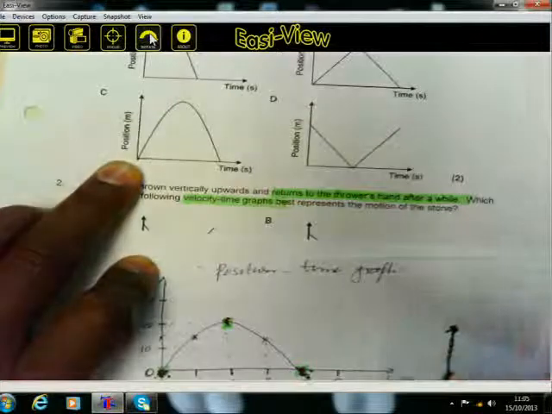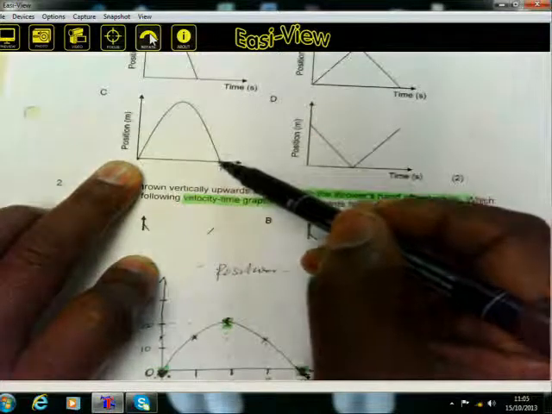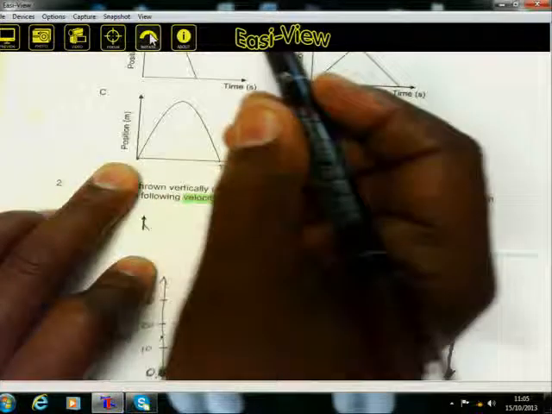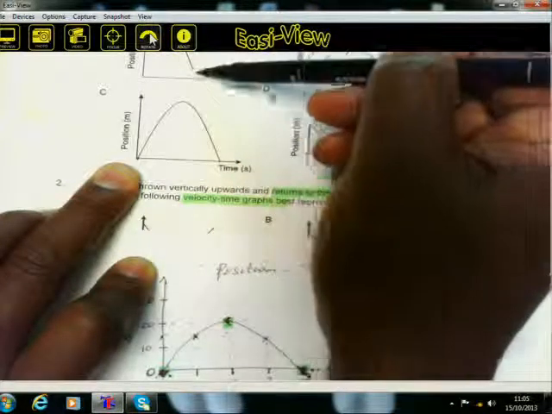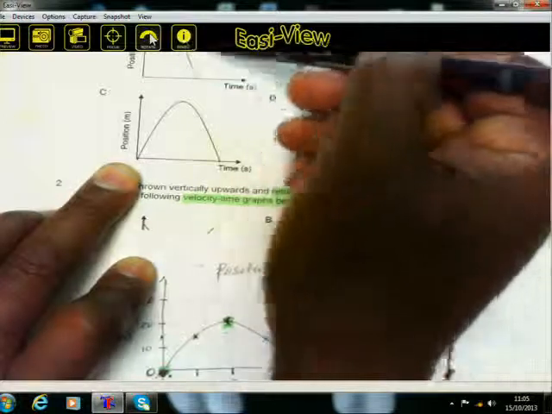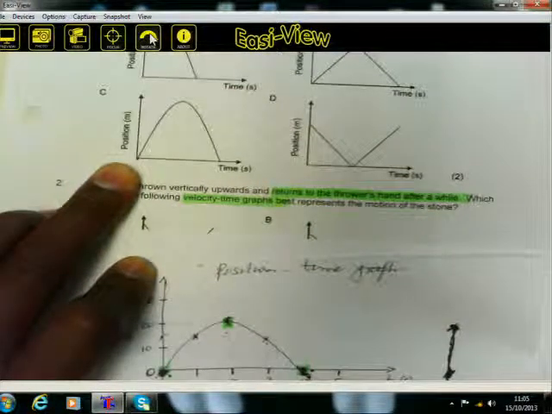When it is thrown up, it goes up to the highest point and it comes back to the original height. Now if we look at the first one, the object started at this position, then it goes up, and when it comes back to the point of throw, it is indicated here, but it still shoots down past the position of throw, which would be representative of the whole of this graph.